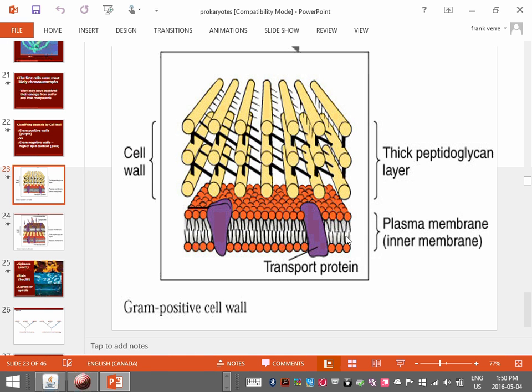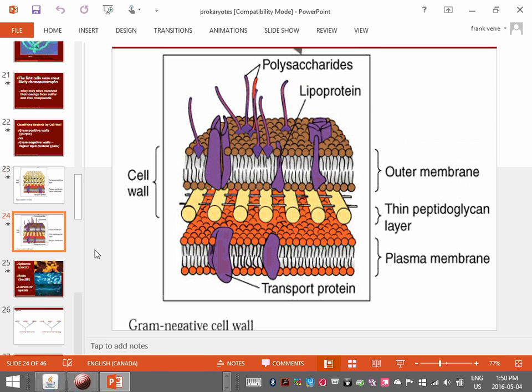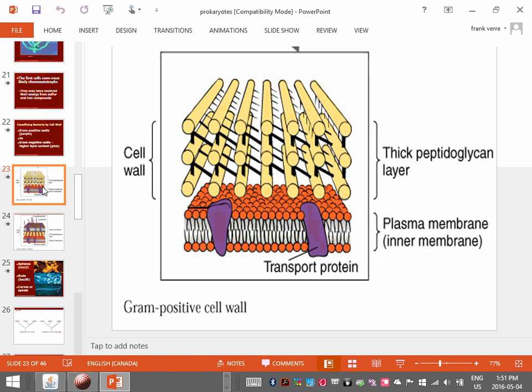So this is the membrane of what's called a gram-positive bacteria. You'll notice here's the membrane, and it has this very, very thick layer. This is a gram-negative bacteria. You'll notice that layer looks different, right? Here's the membrane, and that layer is thinner.